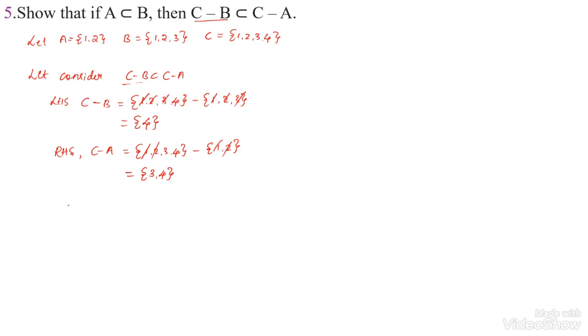After that, the LHS part containing the element 4 is a subset of 3, 4. Yes. Therefore, C minus B is a subset of C minus A. This is the proof of the given problem.